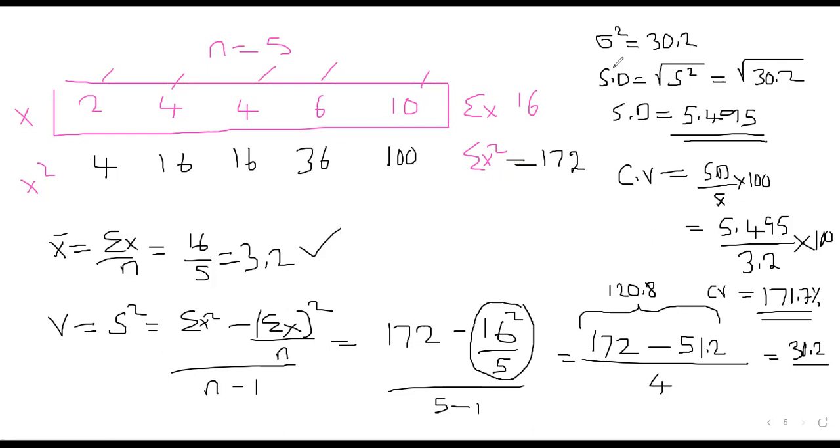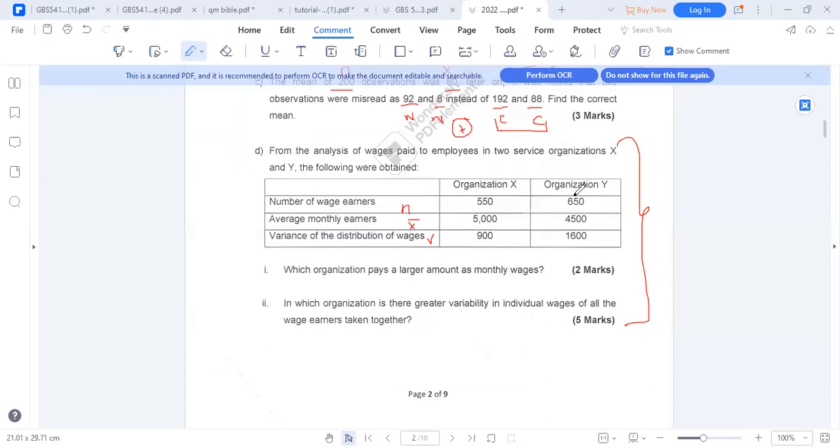So we go back to our test question exam. We've been given the number of earners for company X and Y, the average earning, the variance. So the standard deviation is simply when we square root each of these ones here. What is our standard deviation for this one? 30.